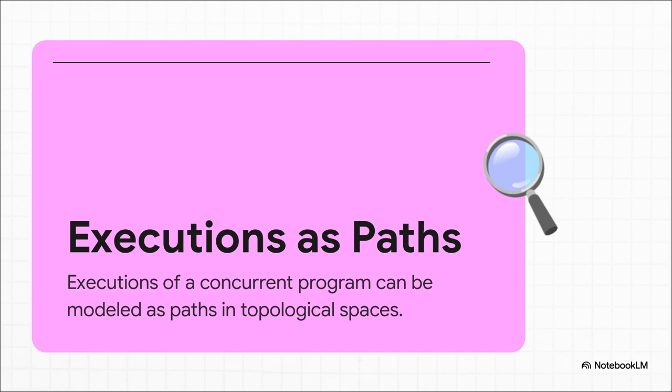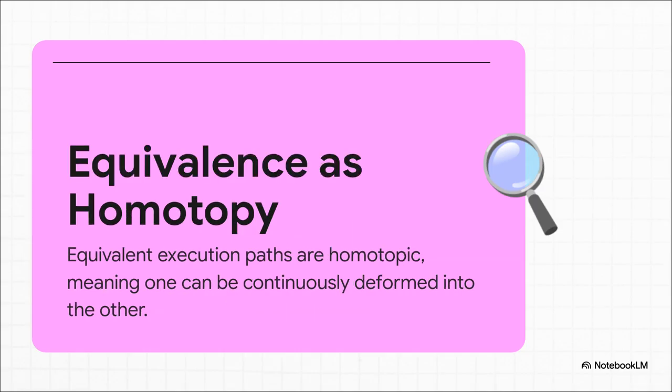Think of it like this. Every single possible sequence of things a program can do is literally drawn as a path on some kind of geometric surface. A really simple program might just be a single straight line, but a complex one, whoa, it could look like a huge sprawling network of trails going everywhere. But here's the really crucial insight. Not all of these paths are truly different.